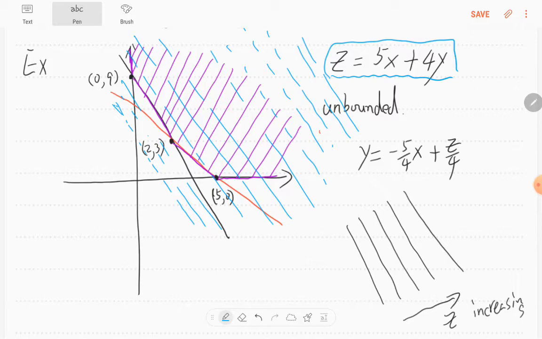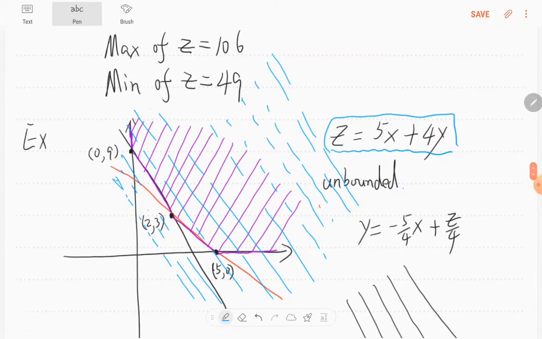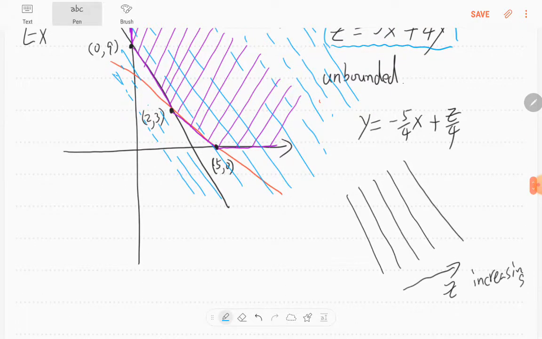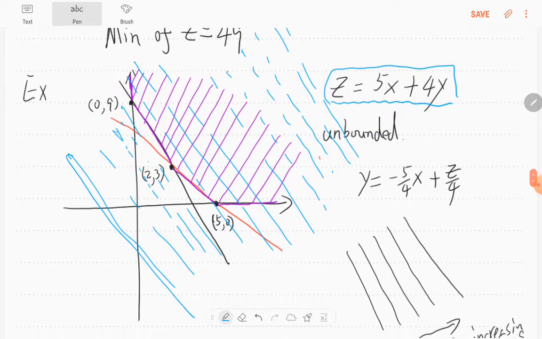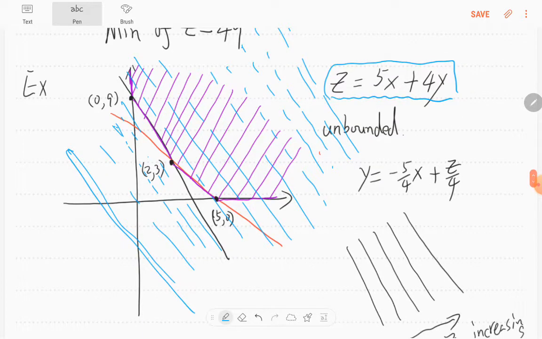But for this specific problem, z equals 5x plus 4y, the slope is negative, so the line will move up as z increases. Since it's unbounded here, z can move up forever in this shaded region.